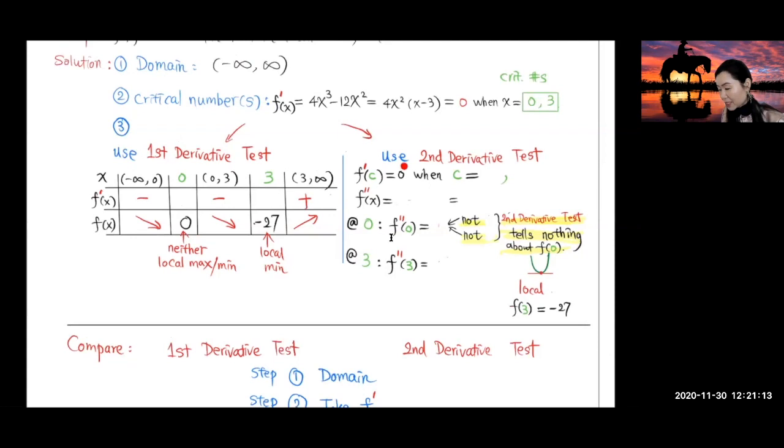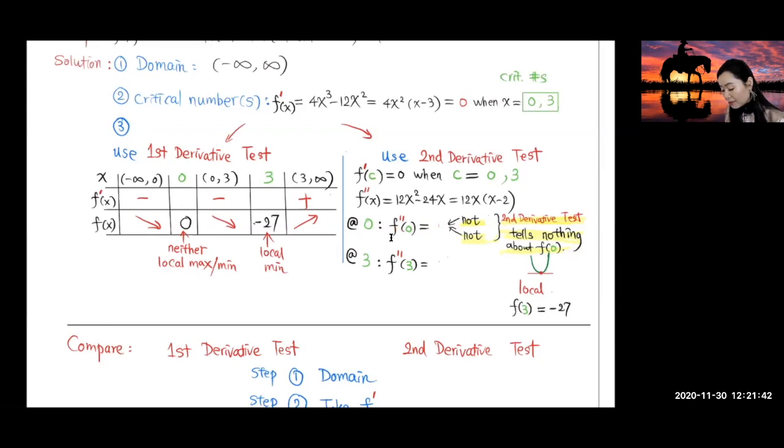What about if I use the second derivative test? The second derivative test says that after you find those c where the first derivative equals 0, the first derivative equals 0 when c equals 0 and 3, right? And then you try to see what happens to the second derivative at 0 and 3.